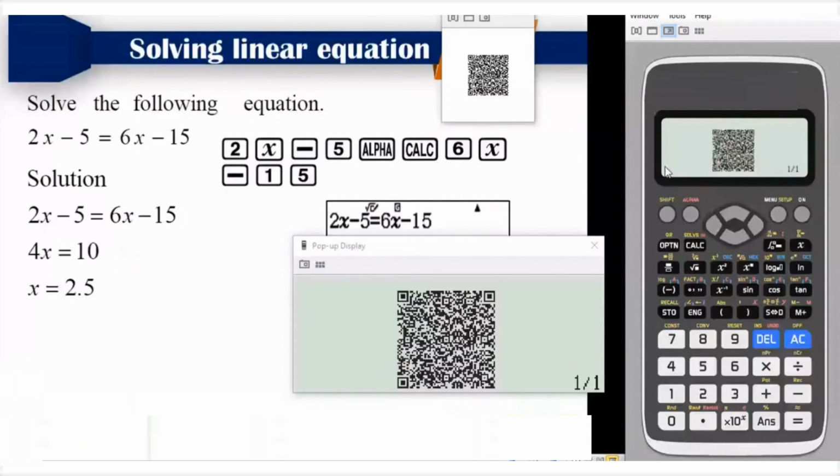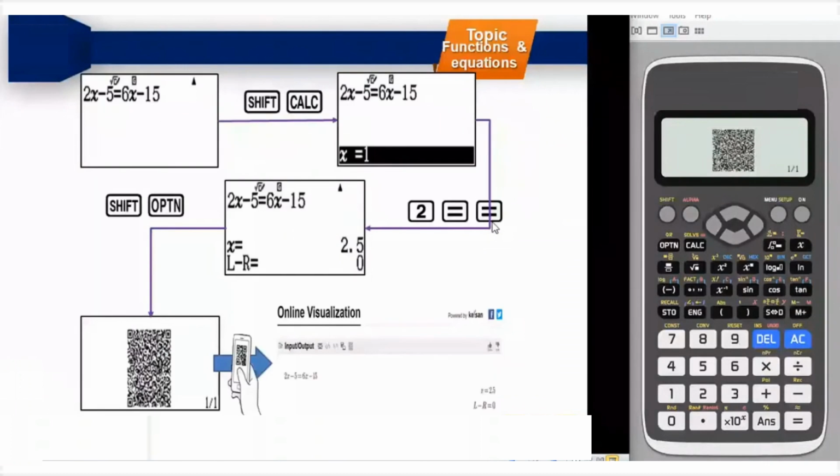But if I scan the QR code for my practice at home, not during exams, but my practice at home, if I want to visualize whether what I have done is correct or not, I can scan this QR code, and as soon as I scan it, I will get this input output, which will tell me that the value of x is 2.5 and L minus R is definitely equal to 0. So there will be a confirmation through online visualization also. I hope this is also clear to everyone.